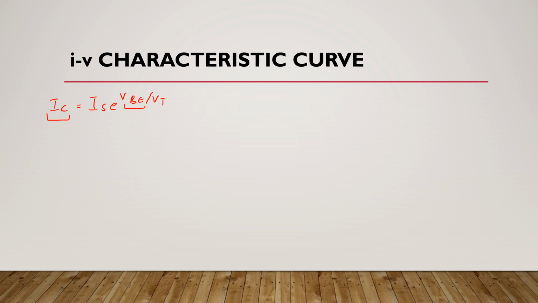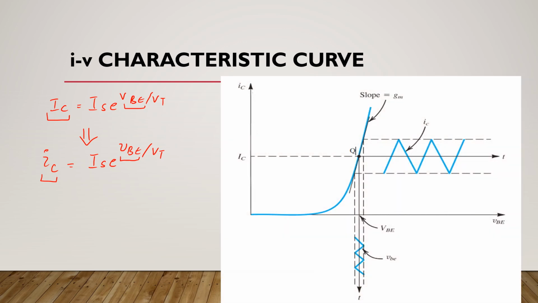Now if you are talking about both AC and DC quantities, this equation becomes instantaneous collector current is equal to IS e raised to the power instantaneous base to emitter voltage divided by VT. As you can see, the relationship between this collector current and this base to emitter voltage is exponential. So the IV characteristic curve looks like this.